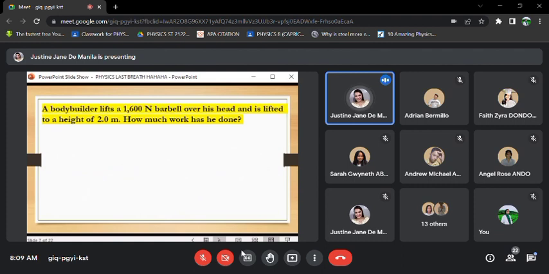So now, let's try to solve this one. Get your calculator, class, so we can apply the formula for work. I am encouraging everyone to solve.